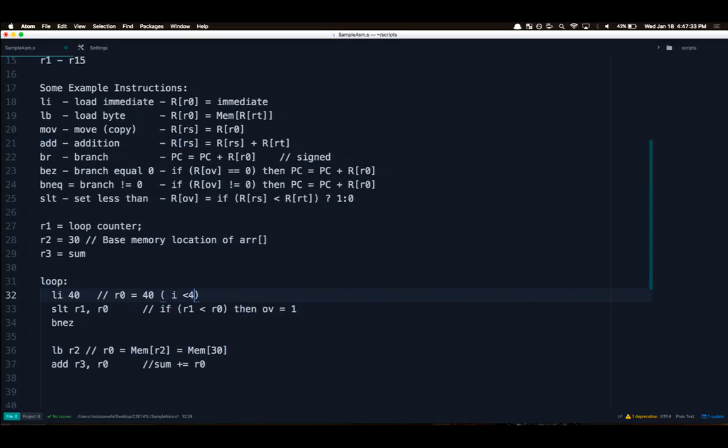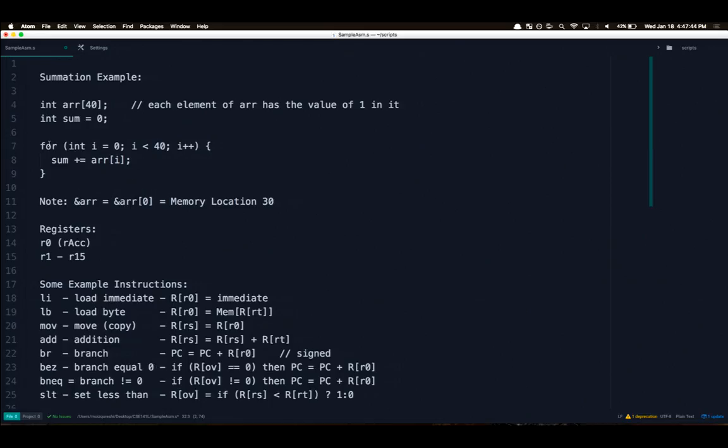These two lines, they're just checking to see if my loop limit is less than the number of elements in my array. So it's the same thing as doing this in a for loop. Instead of storing 40 into a register, I just want to not use a register every time and have that register be persistent through my whole program. I can just load that immediate value at the beginning. That's all that's doing.